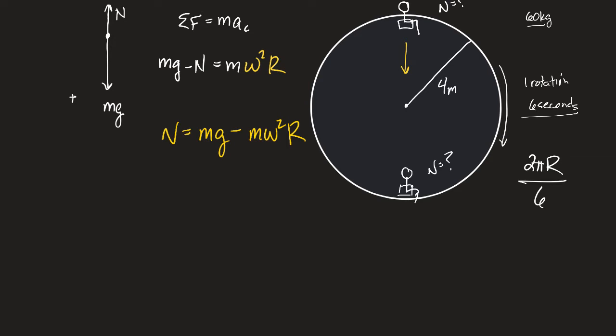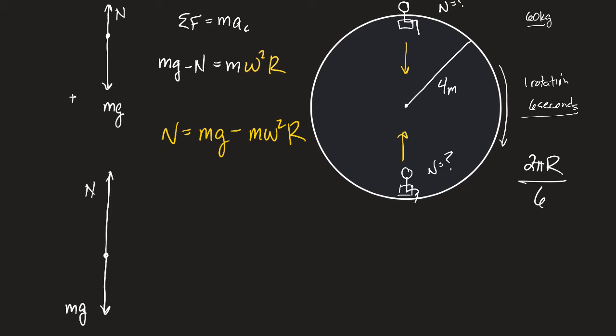Now, I could put the numbers in if you're desperate for what the numerical answer is. But can we just recognize that the guy at the bottom is going to have a slight variation on this? The weight is the same, but the normal force has to be greater because the unbalanced force has to be towards the center, and that's upwards now. So I expect to feel heavier at the bottom and lighter at the top.